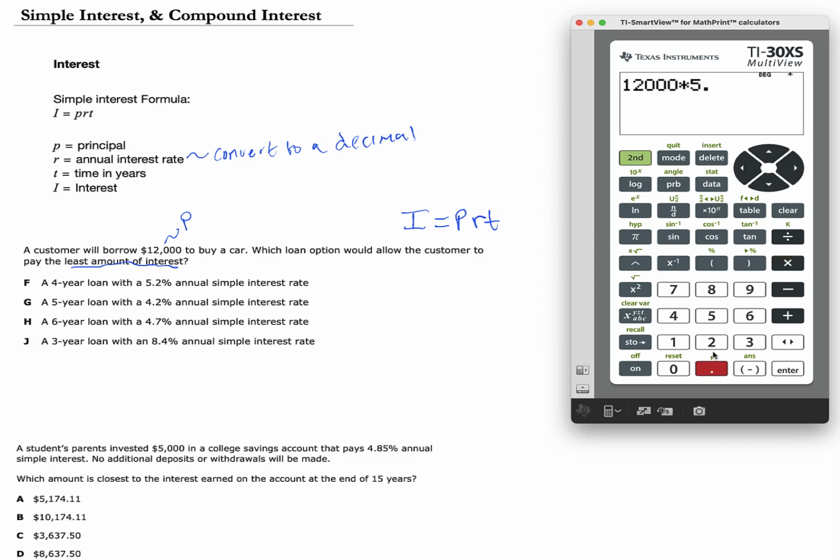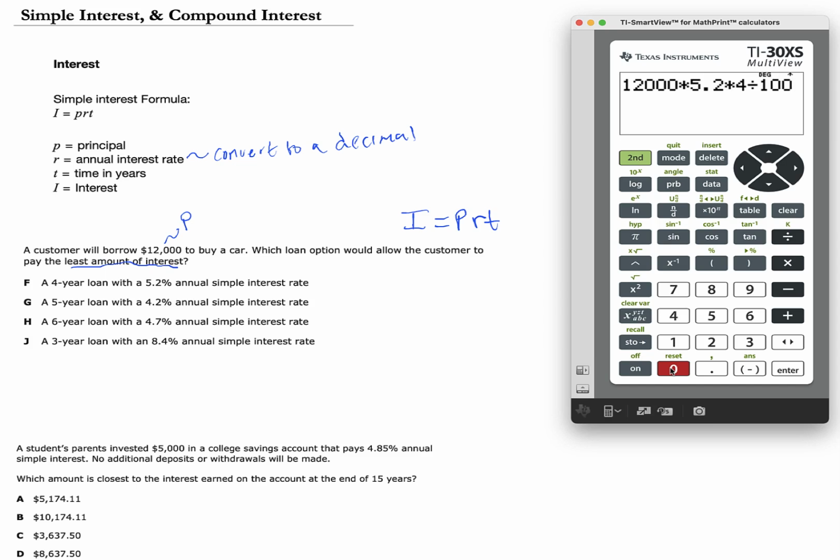So we have 5.2, and then I'm going to multiply by the time. The time is 4, and then I'm going to divide everything by 100. So instead of me changing the 5.2% to a decimal, I'm just going to include it here by dividing by 100.